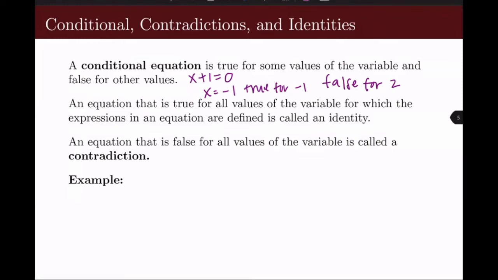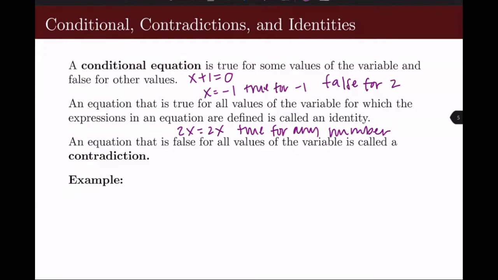An equation that is true for all values of the variable for which the expressions in an equation are defined is called an identity. For an example, you could have 2x equals 2x. So this is true for any number. And lastly, an equation that is false for all values of the variable is called a contradiction.